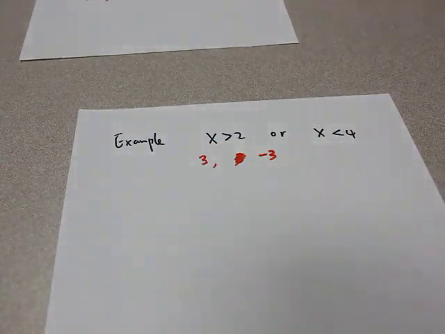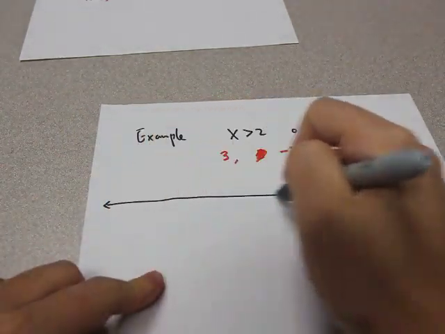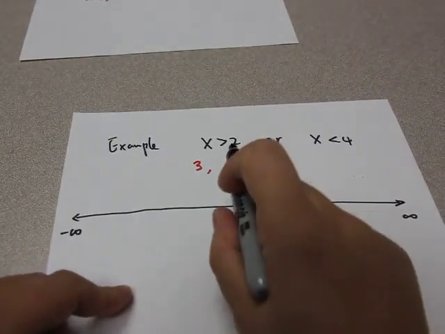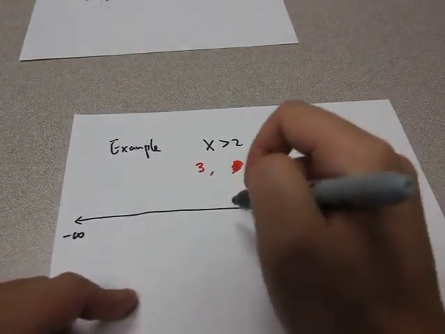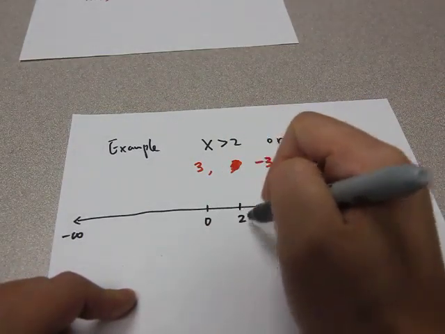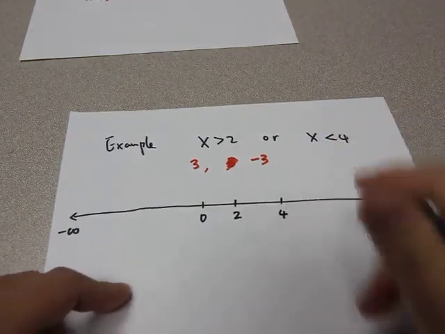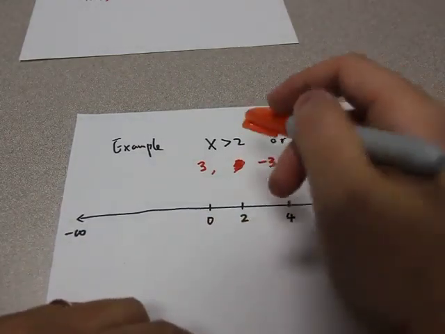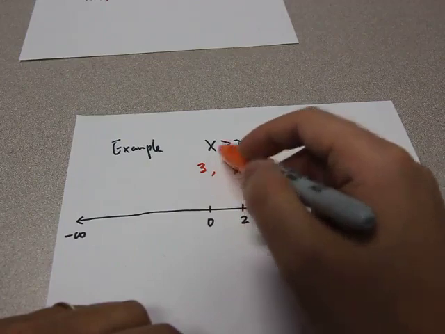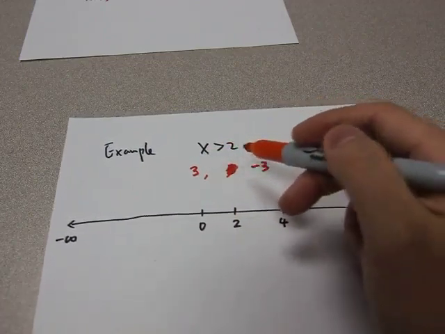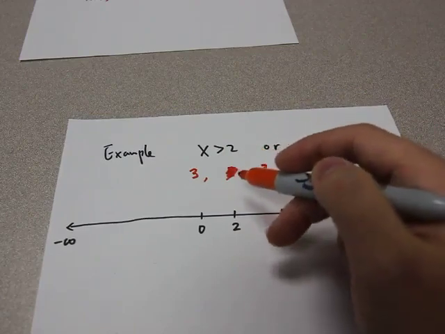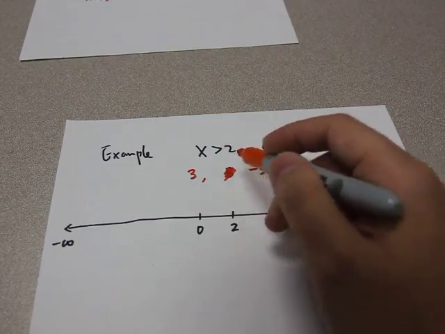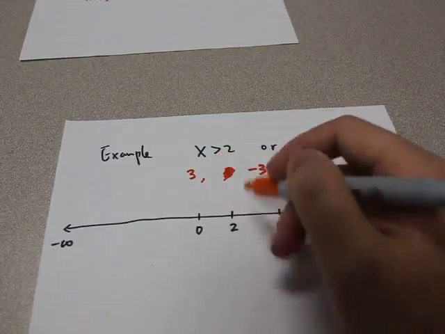First, you will need to draw a number line. Since we're given these two numbers, 2 and 4, if this is 0, let me put 2 here, and 4 is over here. First, we graph the solution of the first inequality, x > 2. So x > 2 means the solutions are everything larger than 2, everything on the right-hand side of 2.